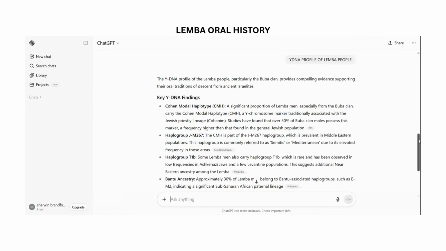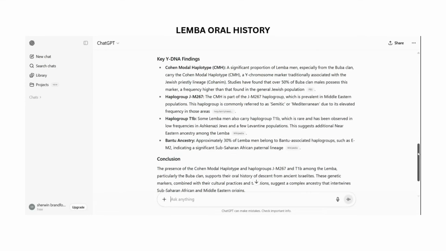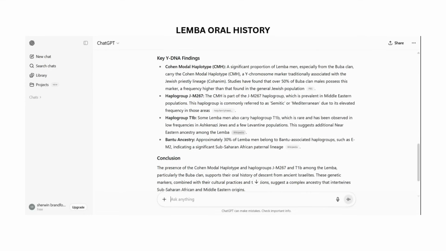So here you see that within the Lemba, the Cohen modal haplotype isn't really a haplogroup. It's more of a Y-DNA signature, a collection of, you can think of it as a collection of genes that are within haplogroup J.